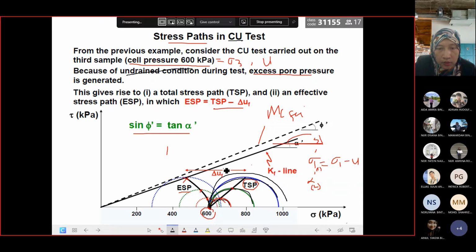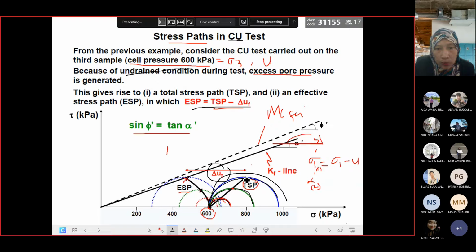Kemudian bila dia dah reach to the final pore water pressure ni, in order to determine the effective stress path, you can take dia punya equations tu dengan pakai persamaan kat sini. You tahu what is the total stress path, you tolak dengan changes in pore water pressure, you akan dapat the point pertama untuk ESP, point nombor kedua untuk ESP dan juga point nombor 3 daripada total stress path.